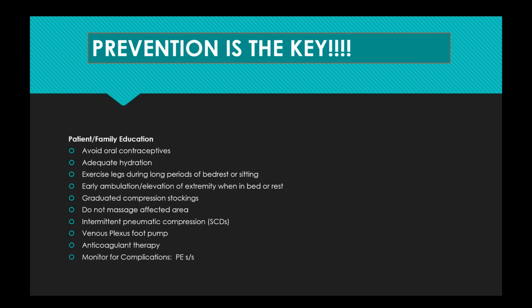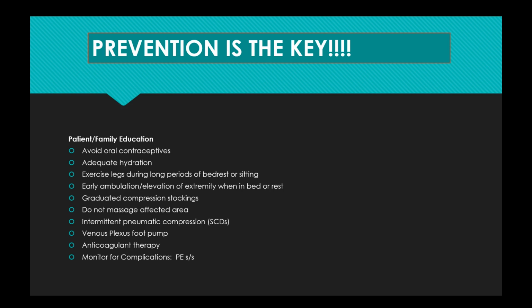We want to exercise the legs during long periods of bed rest or sitting, and maybe if you're doing home health, you might want to think about your patient that has paralysis or some immobility of a body part or the body in general. We want to see whatever exercise we can do in range of motion. We want to engage that regularly to ensure that we're getting good circulation.